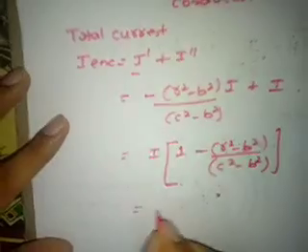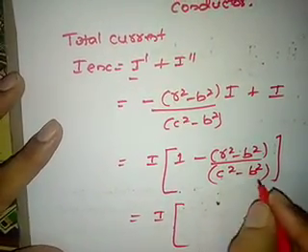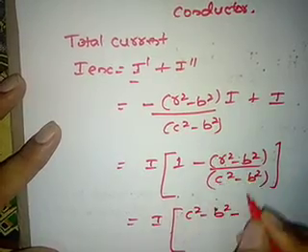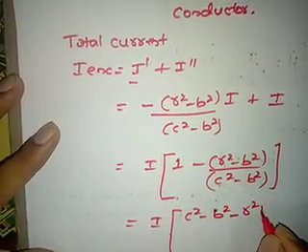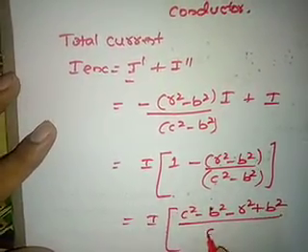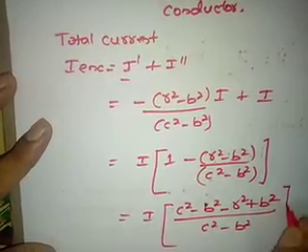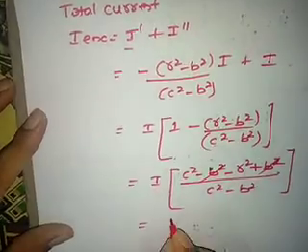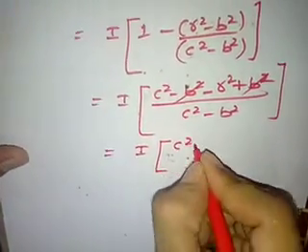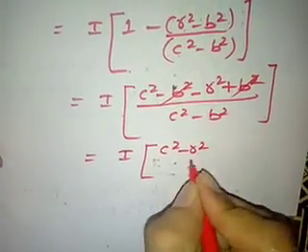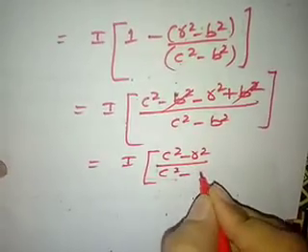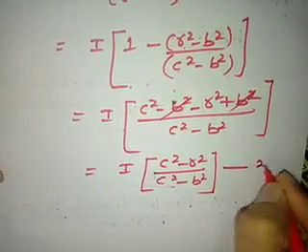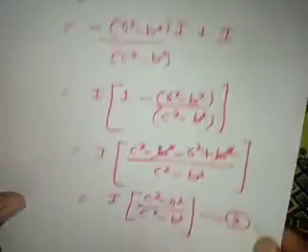Taking C square minus B square as the LCM, C square minus B square minus R square, minus into minus is plus B square, divided by C square minus B square. So minus B square plus B square will cancel. So I get I enclosed is equal to I into C square minus R square divided by C square minus B square. Take it as equation 2.